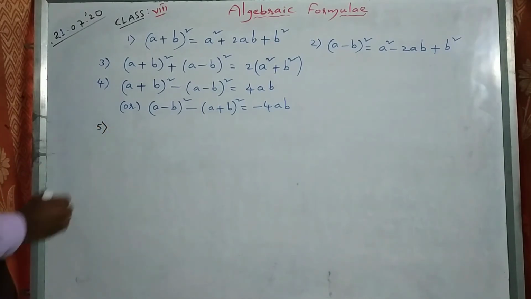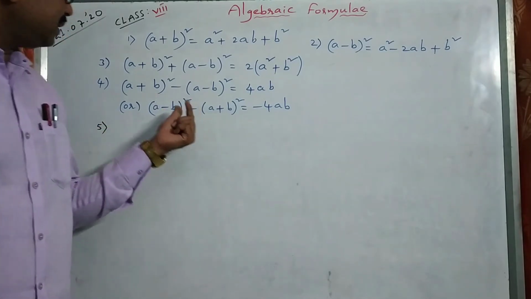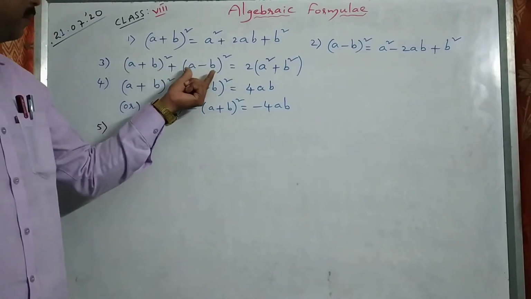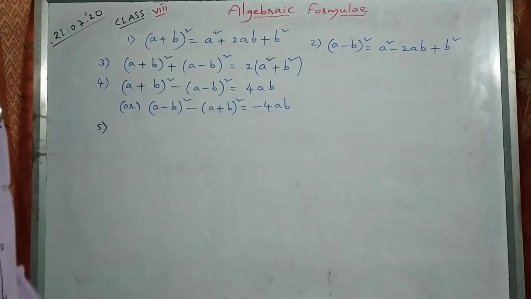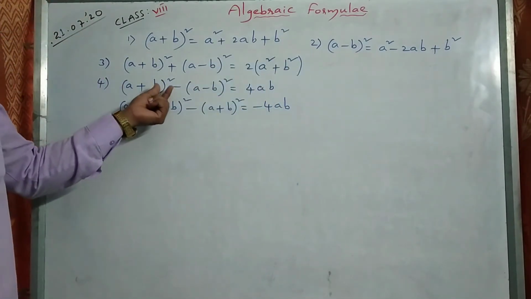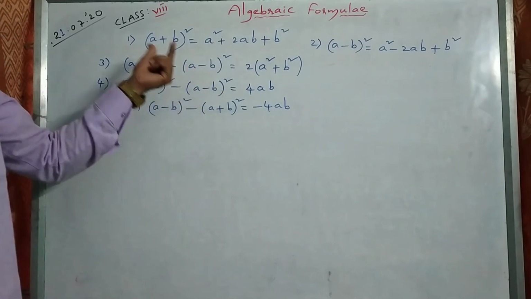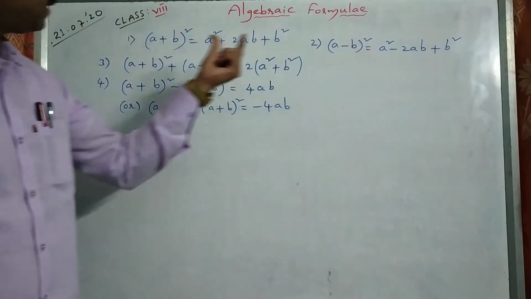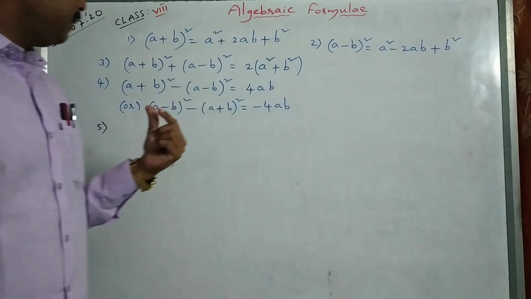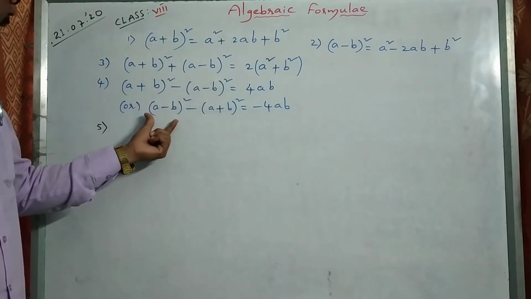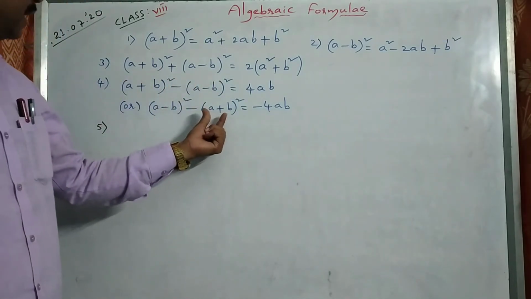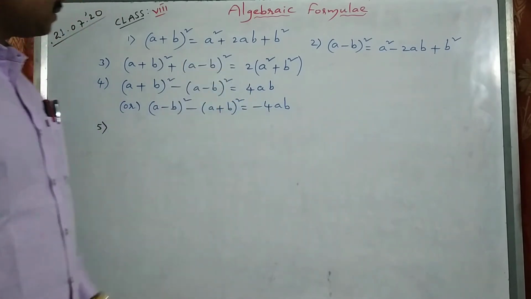Similarly, so did you understand this? (a plus b) whole square plus (a minus b) whole square equal to 2 of (a square plus b square). (a plus b) whole square minus of (a minus b) whole square. If you subtract this one from this one, you will get 4ab. Suppose if I want (a minus b) whole square minus of (a plus b) whole square, this is minus 4ab.